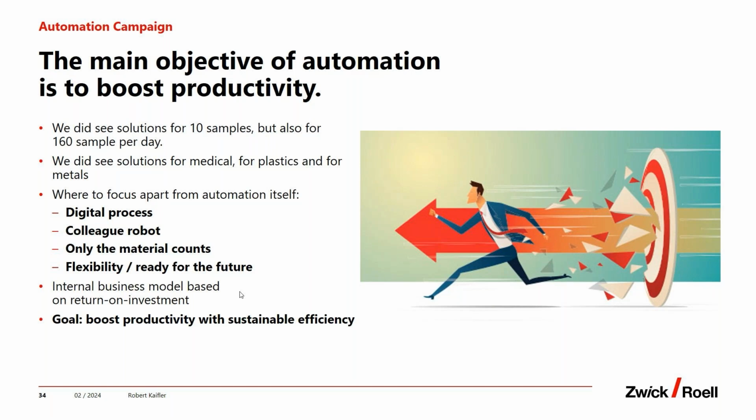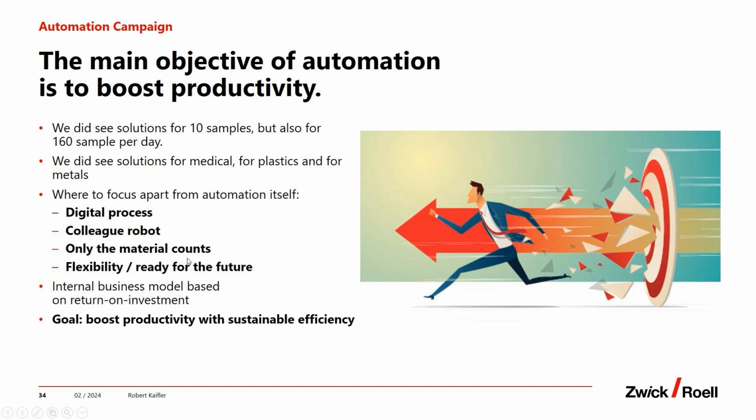My essential point where you should focus on, apart from the automation itself, look at the digital process. Consider really the colleague robot for taking over these boring, monotonous, dangerous jobs. Then, number 4, only your material counts, and consider the flexibility and being ready for the future.